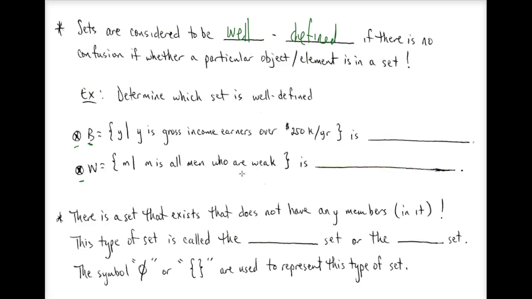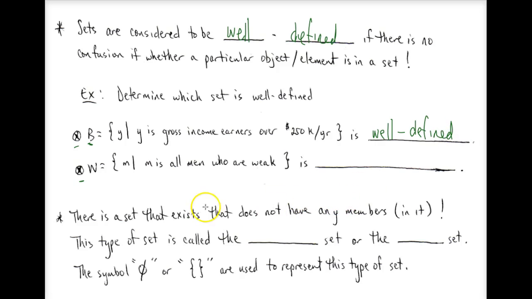If you earn $250,000 and 1 cent, then you're in this set. If you earn $250,000 or below, you're not in that set. It's pretty cut and dry. Because we don't have any questions after that, we know exactly who is in the set and who's not in the set, we will call this a well-defined set.